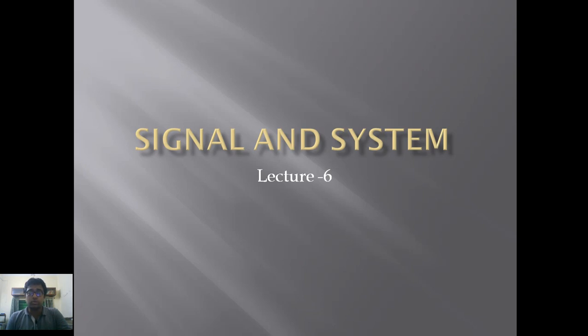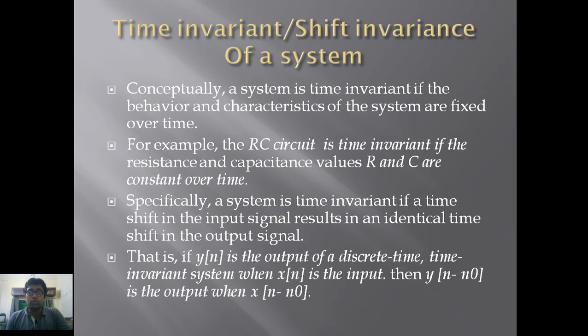So let's start with lecture number 6, where we are going to see what time invariance or shift invariance of a system really means, and we will go on with the different system properties.